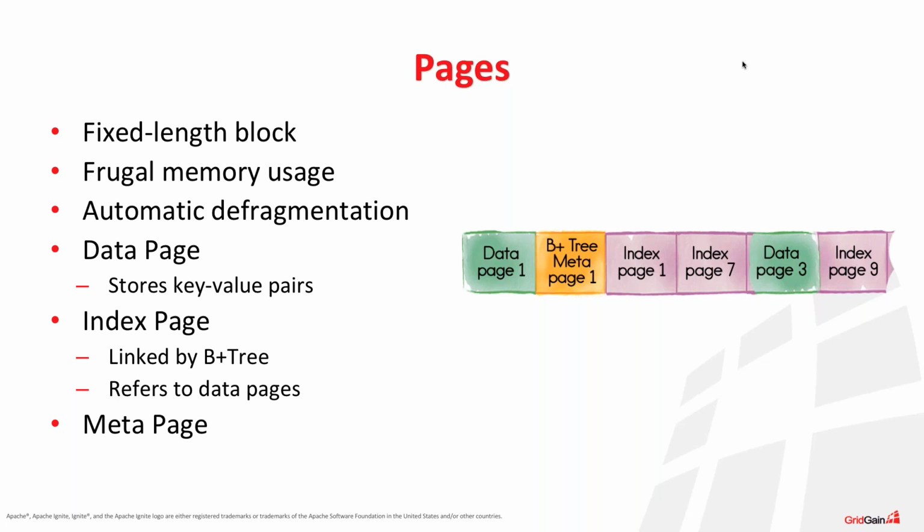The first one is the data page, and this is the page that stores all your data, your key value pairs that you put into the cache. The second type of page is an index page. The index page, as the name suggests, stores all the indexes that you define at your application level, or primary keys that are defined all the time right now.